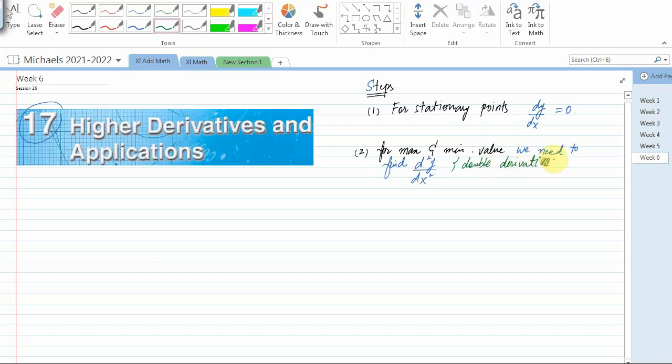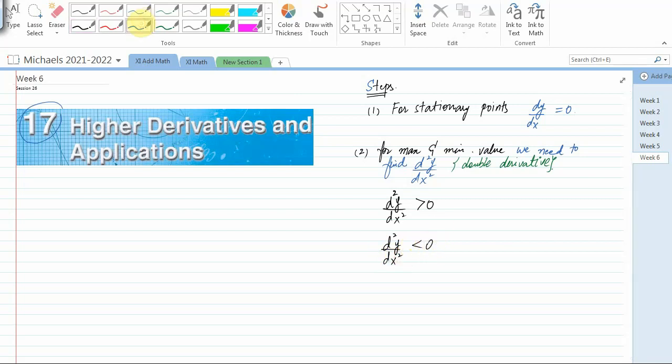So in order to find out the highest value or the lowest value of the function, we need to differentiate the function again to find d square y upon dx square, right? And if your d square y upon dx square is greater than 0, or d square y upon dx square is lesser than 0.